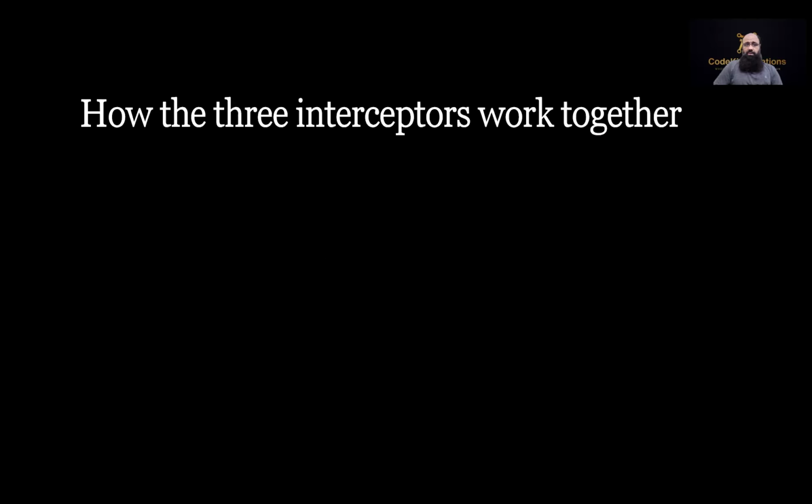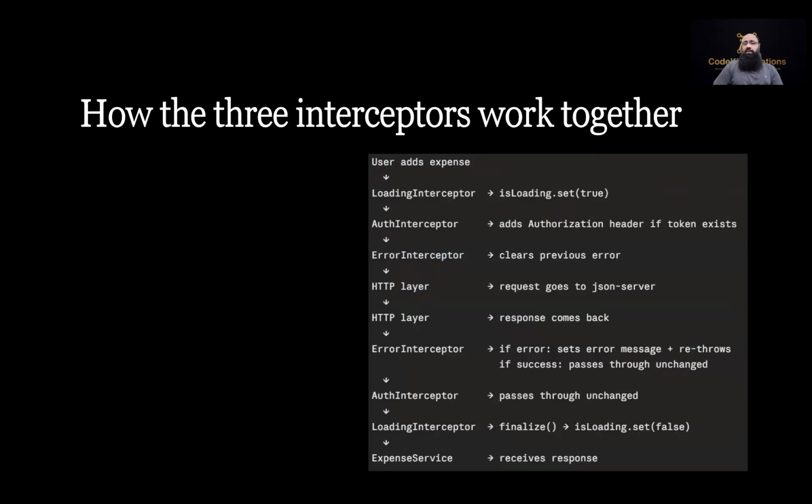So let's just quickly see how these three interceptors are going to work. Whenever I'm trying to add an expense, what actually happens? The loading interceptor is going to get called, then the auth interceptor is going to get called, and the error interceptor is going to get called at the very last. Then the request goes to the HTTP layer, and the server sends a response.